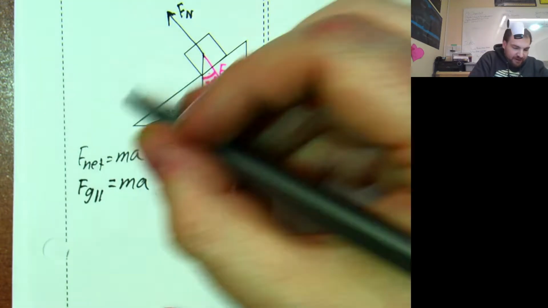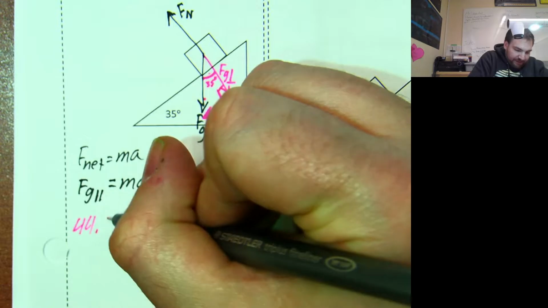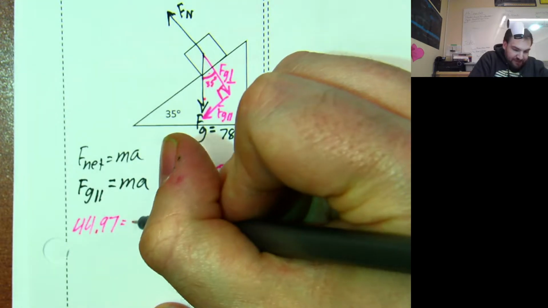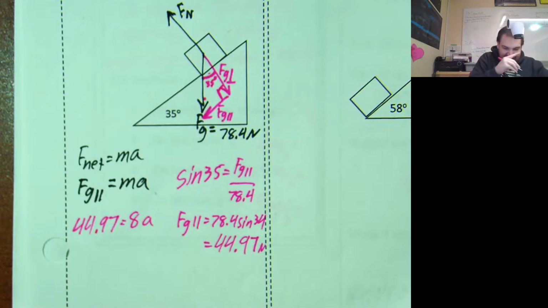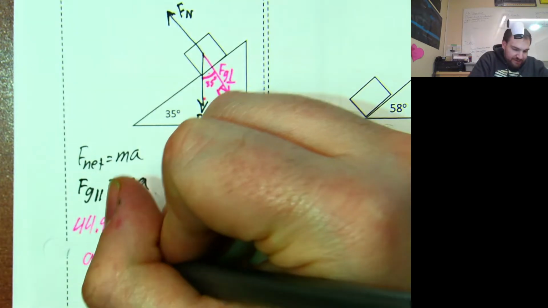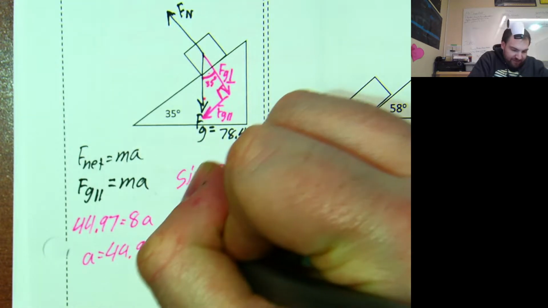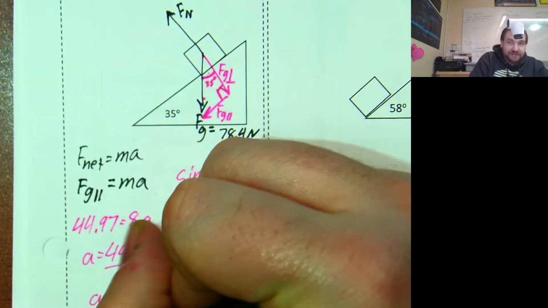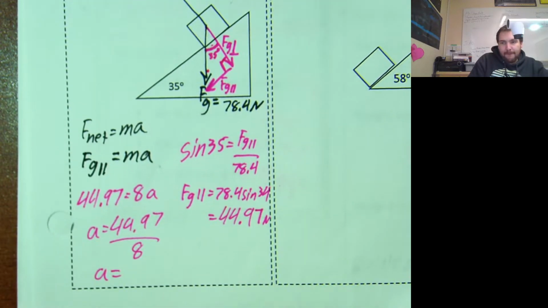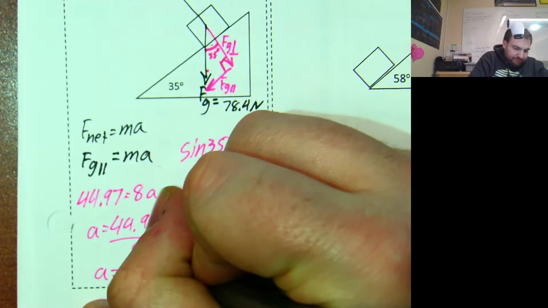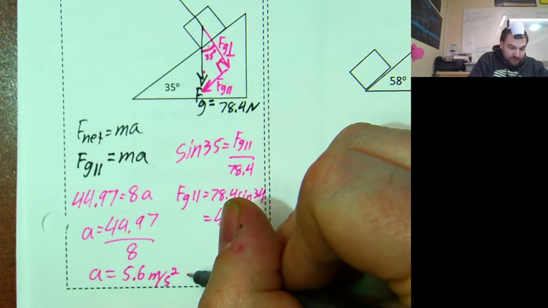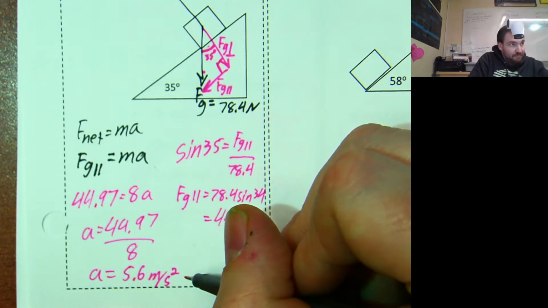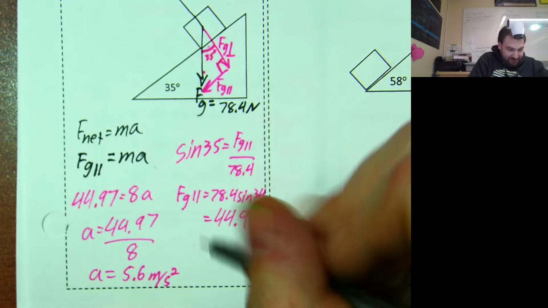So then I can plug this in here. 44.97 equals the mass, which is 8 kilograms, times the acceleration a. So a is going to be 44.97 divided by 8. So my acceleration is going to be, love it, meters per second squared. Which way? Yeah, which way? Accelerating. Sure, down the incline. Love it.